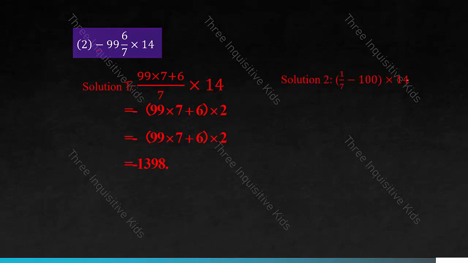For solution 2, all we have to do is, instead of saying negative 99 and 6/7, we can say 1/7 minus 100. That's the same thing. You multiply by 14 to get 2 minus 1,400, negative 1,398. A much more efficient solution.